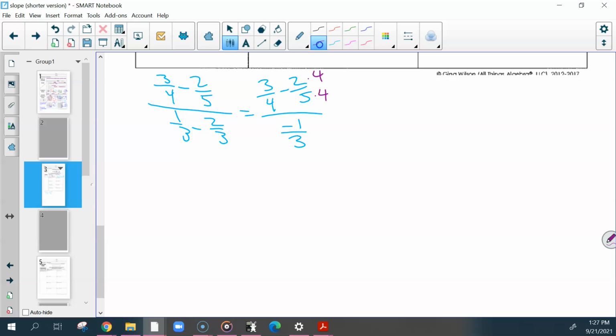To get 4 to be 20, I need to multiply that by 5, and again, I would need to multiply that to the top. So this would become 15 minus 8 all over 20, or 15 20ths minus 8 20ths.